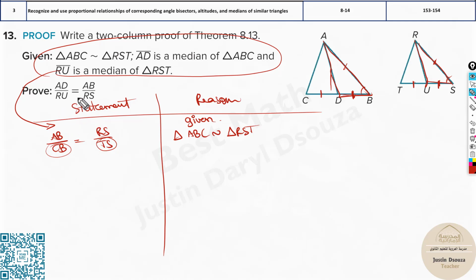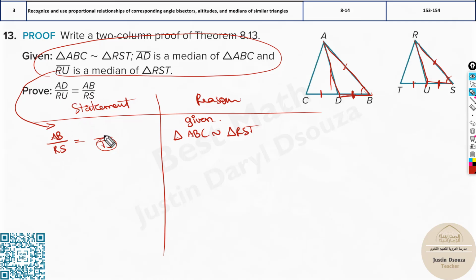Now one thing, guys: what do we need? AB and RS. So instead of AB and CB, I can write AB and RS. Why? Because it will be equal over here, right? It's the same thing. I'm just moving this RS from here to here. That's absolutely fine because all the sides are proportional. I will write AB by RS. This is done, the left side is already there.